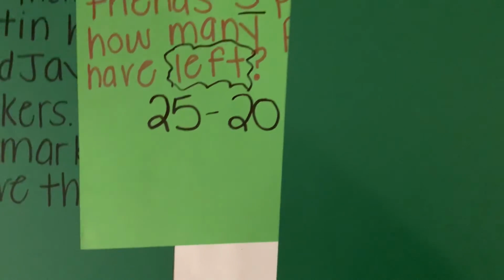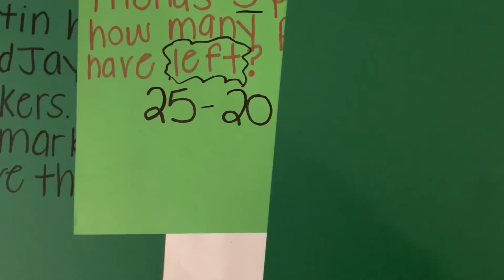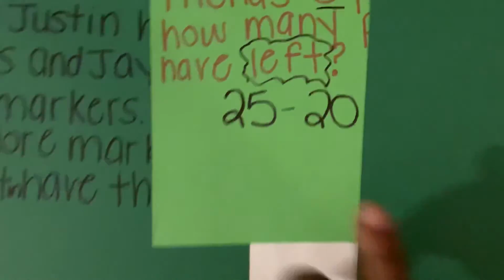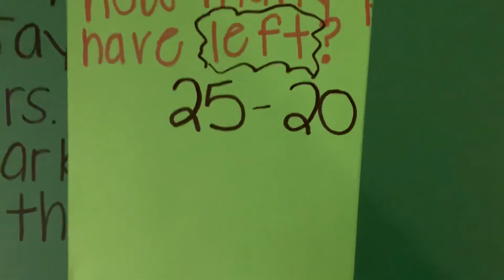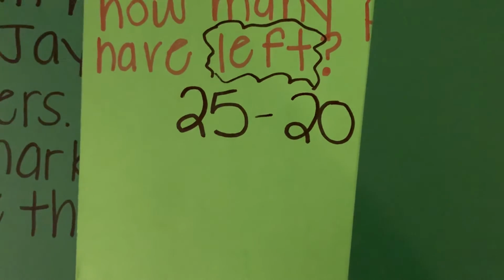So let's look here. We have an equation, guys, and look at that sign right there. That operation tells us that we need to do what? Add or subtract. Right, subtract. So we're going to take the bigger number, because we know that it started out with 25 pieces of candy.